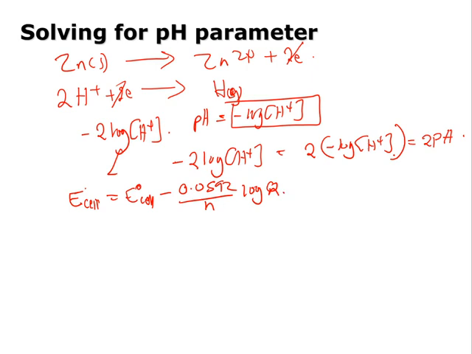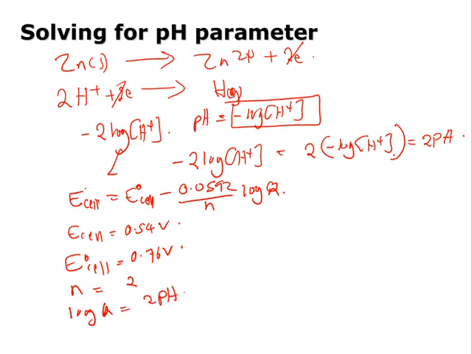So if we substitute in all our variables, we understood that from our equation, E cell is equal to 0.54 volts. E standard cell is equal to 0.76 volts. N is equal to 2 and log Q is equal to 2 pH from what we calculated. Then we can substitute in the values.